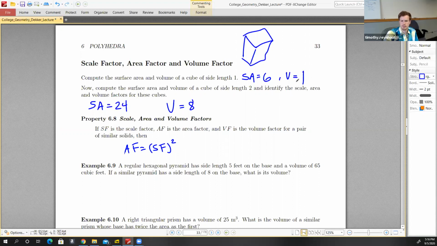So here where we doubled, the scale factor was 2. We multiplied the area by 4, because 2 squared is 4, and then we multiplied the volume by 8, which would be 2 cubed. So, as you might suspect, the volume factor is equal to the scale factor cubed.